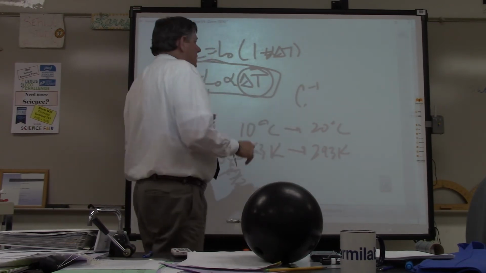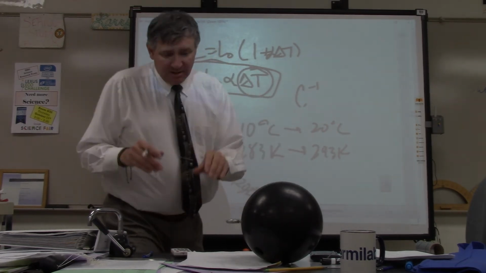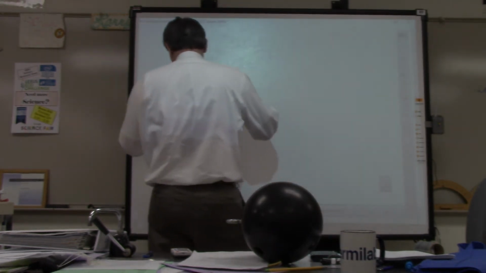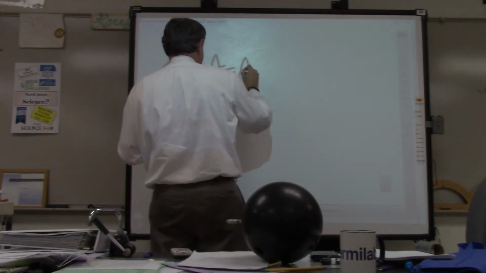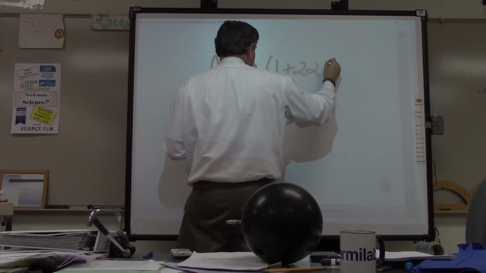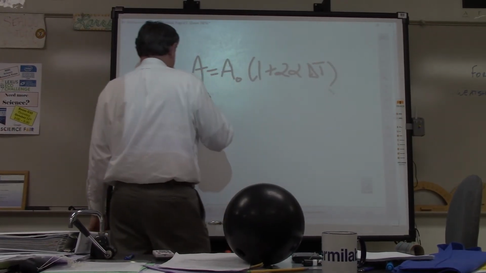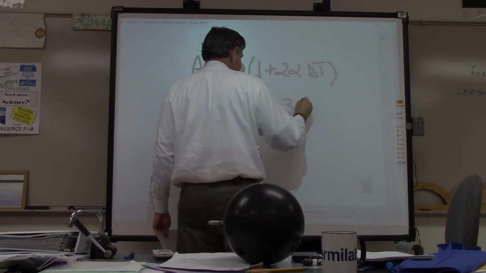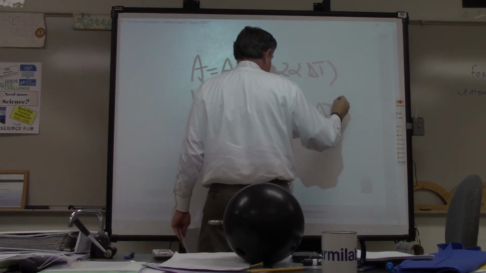Now, you can also talk about area. Down below, you've got area equals area naught times 1 plus 2 alpha delta T, and for volume, V equals V naught times 1 plus 3 alpha delta T. That's volume, not velocity.